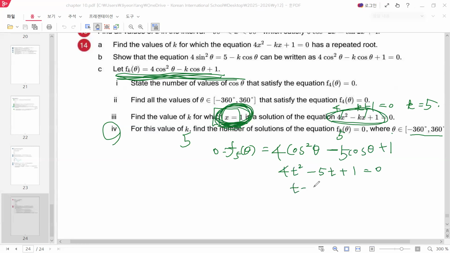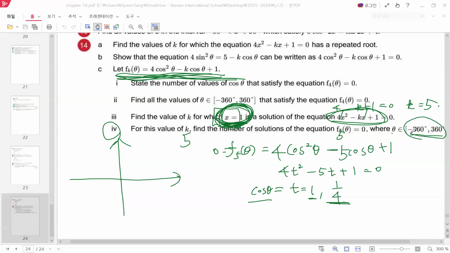So t is either 1 or what's the other root? By using your calculator, please find this value. 1 over 4. And since t equals 1 or 1 over 4, but t represents cosine theta, you need to find the values of theta which satisfy cosine theta is either 1 or 1 over 4.